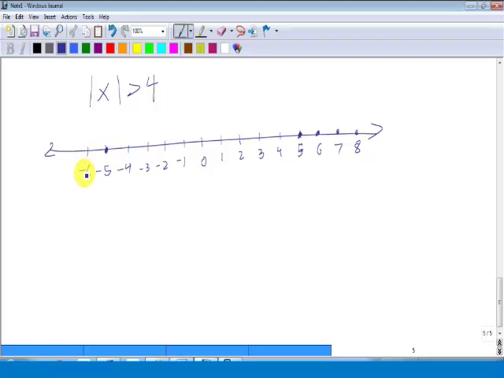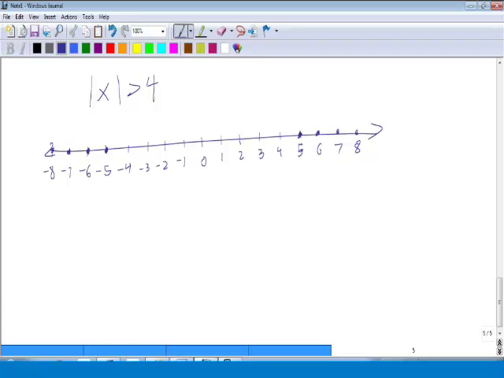What about -6? Sure. -6, -7, -8. Only requirement is that the number be more than 4 units away from 0. It could be more than 4 units to the right of 0. It could be more than 4 units to the left of 0. It can't be within 4 units of 0.